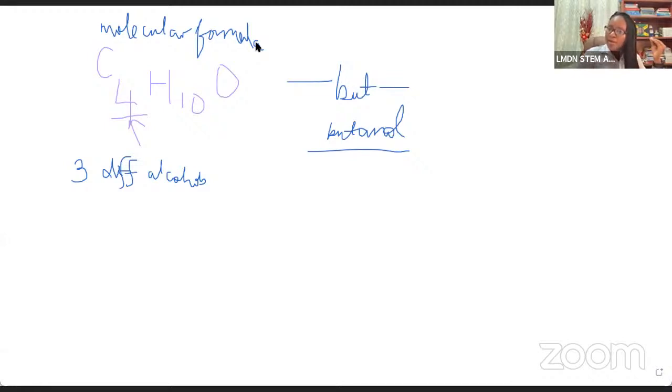Remember, I don't know if you guys learned this, but you have primary alcohols, secondary alcohols, tertiary alcohols, and that's based on the arrangement of the carbon backbone, which can be shifting as well, right? But it's still 4 carbons. We can have positional isomers, so the OH is in a different position, but the formula is still the same. Right, are we all clear on that?